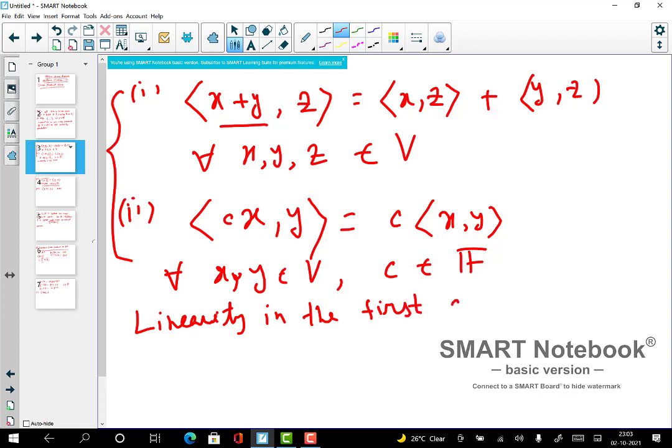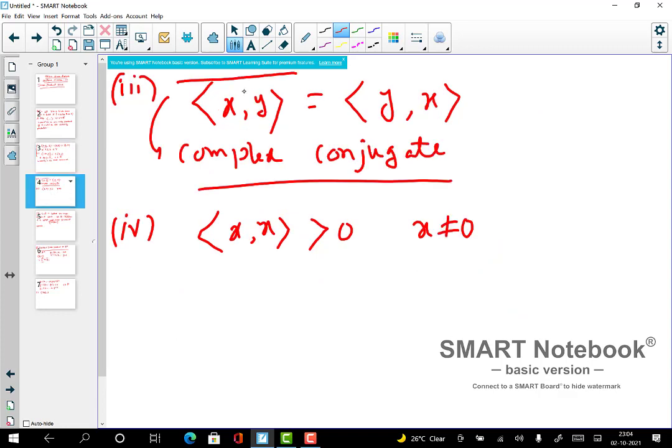And for the case when F is the real numbers, the third condition tells you that it is symmetric.